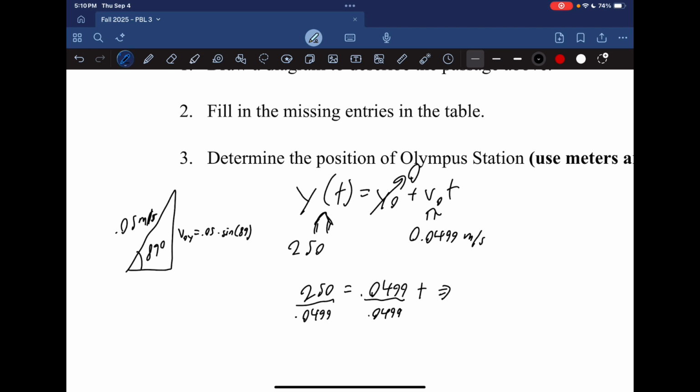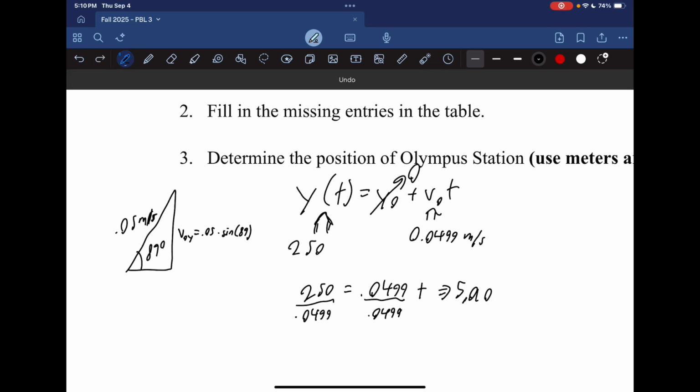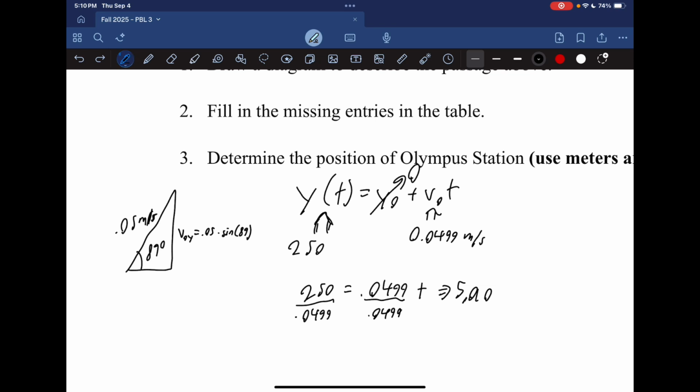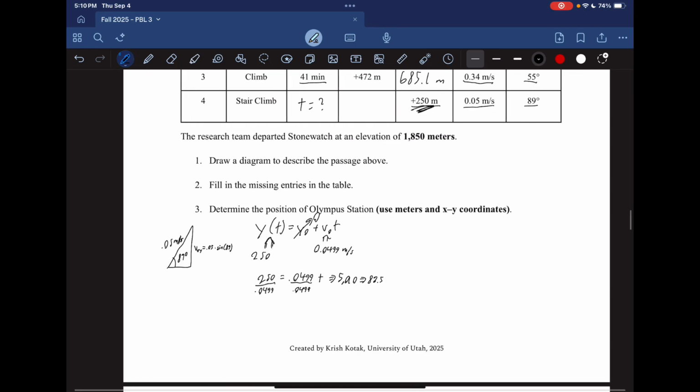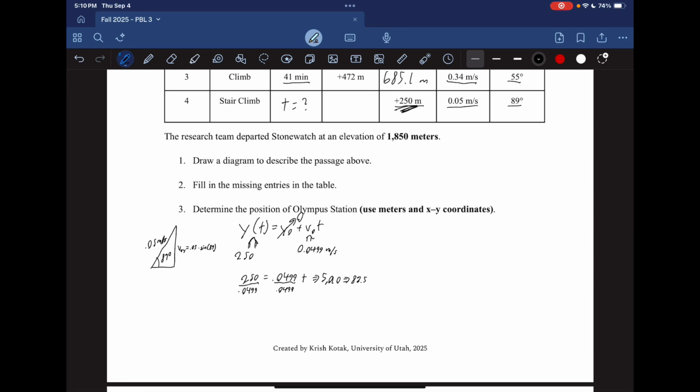to get our time as, let me plug it in, 250 divided by 0.0499 is 5,010.02 seconds. I'm going to ignore the 0.02. We would then divide that by 60 to get the amount of minutes that it would take, which is 83.5 minutes.